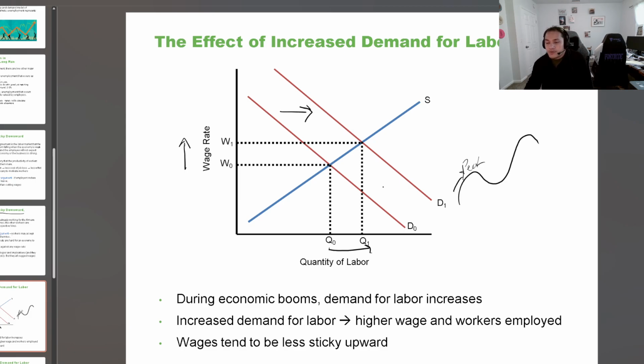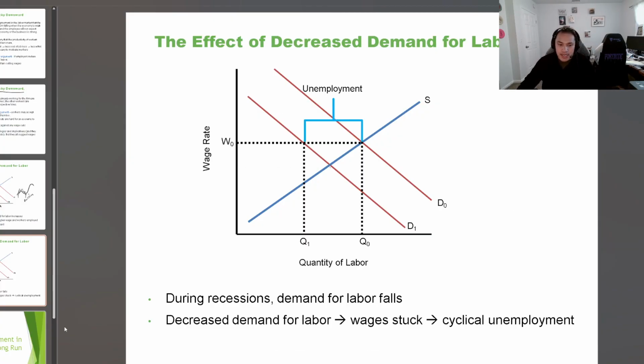However, once we dip, our next slide will highlight what happens when we hit this recession or trough. We're hitting this recession and we end up with a decrease in demand for labor. Now we hit a recession, no one's buying goods, and so we see firms start laying off workers.